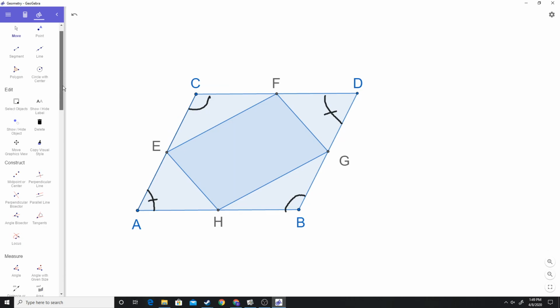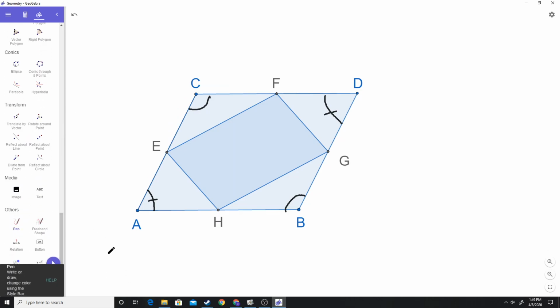Well, we can understand that since all the sides are the same, and we have that E, H, G, and F are splitting up their respective sides, all of these lengths have to be the same as well.